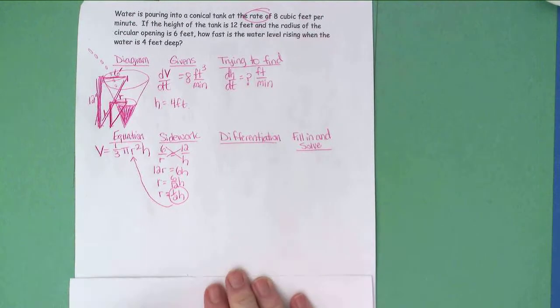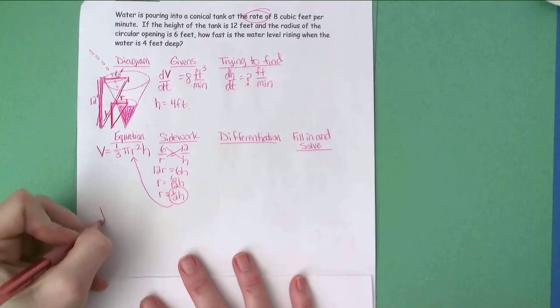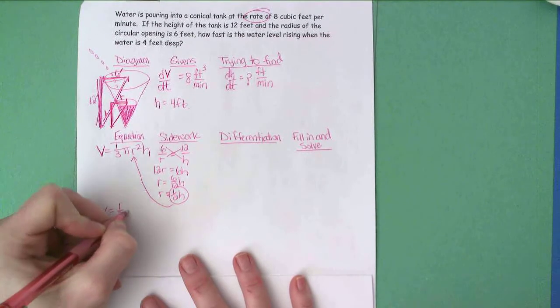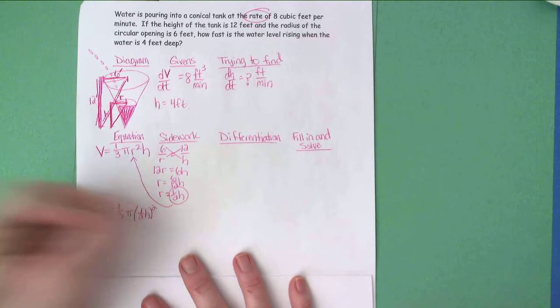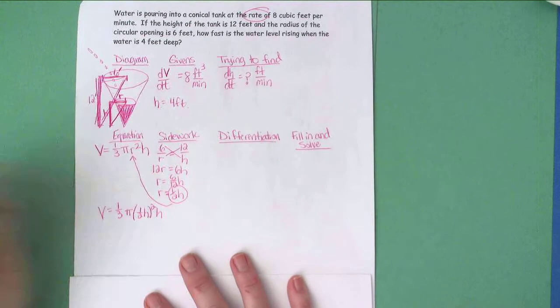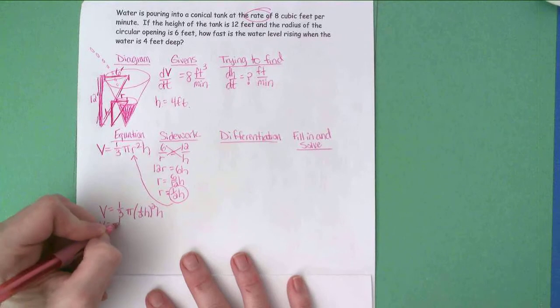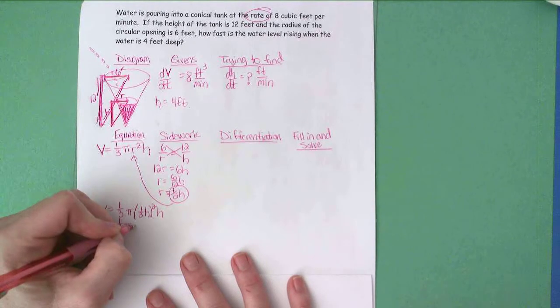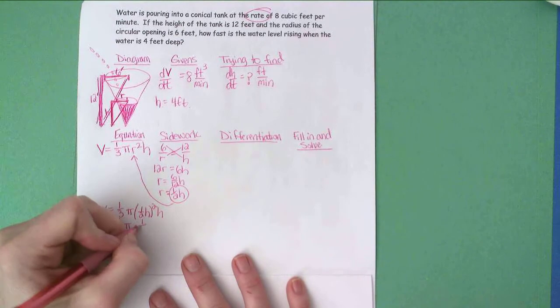So my new equation with no R in it will look like this. V equals 1/3 pi times 1/2 H squared. There's my R squared times H. And if I clean that up, I would have 1/3 pi times 1/2 squared is 1/4.